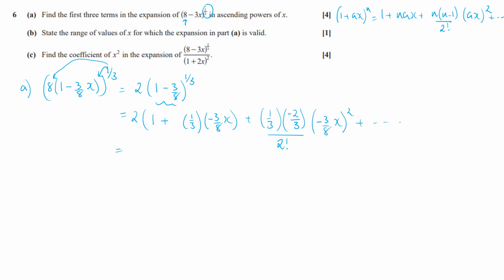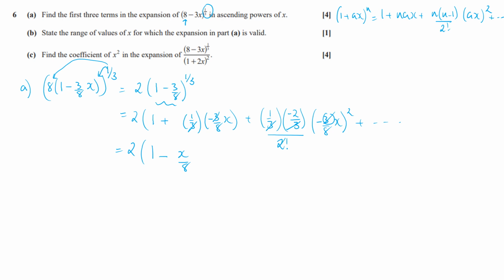And then if we tidy that up, it's going to be 2 into 1 plus these 3s will cancel. The minus will make that minus in the middle, so that will be x over 8.